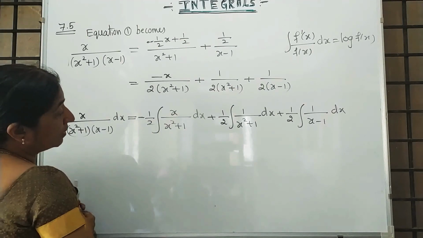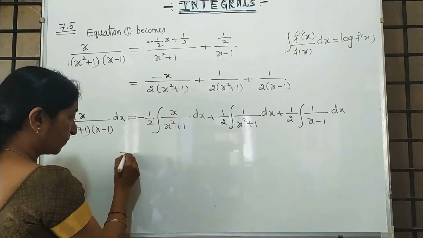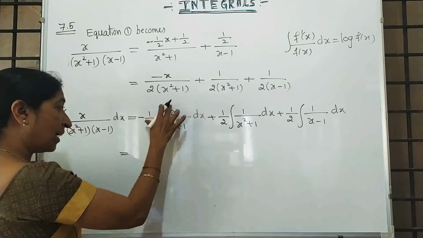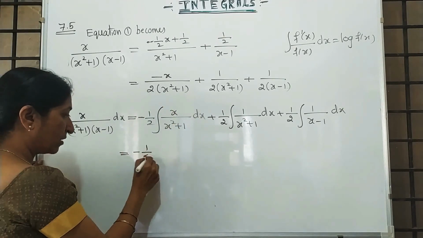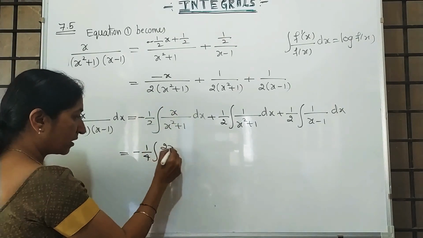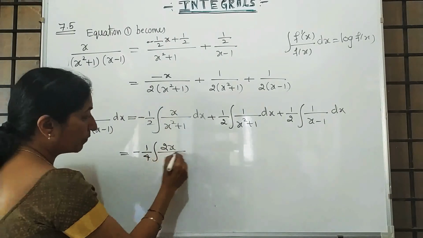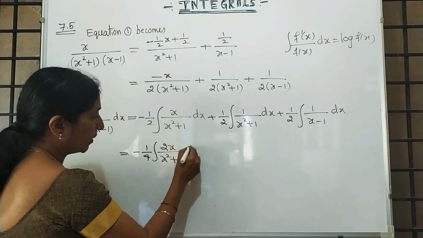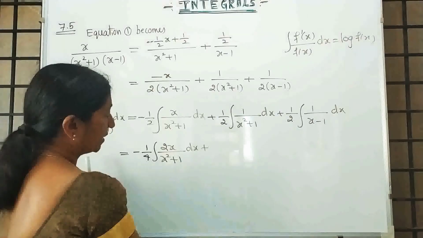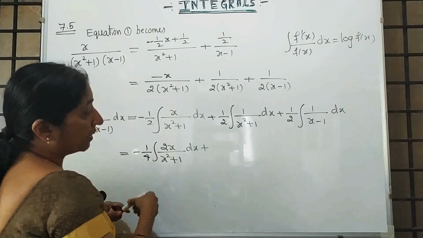Differentiation of x square is 2x. That number 2 is missing. To write 2 here, I have to balance, so it is minus 1 by 4. Then it is 2x, multiplying both numerator and denominator by 2, upon x square plus 1. I am integrating all at the same time, that's why I kept the remaining also as it is.